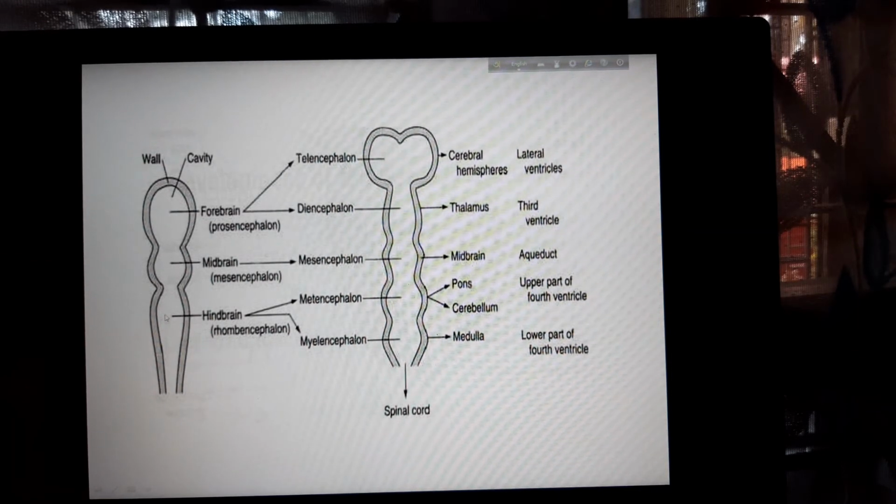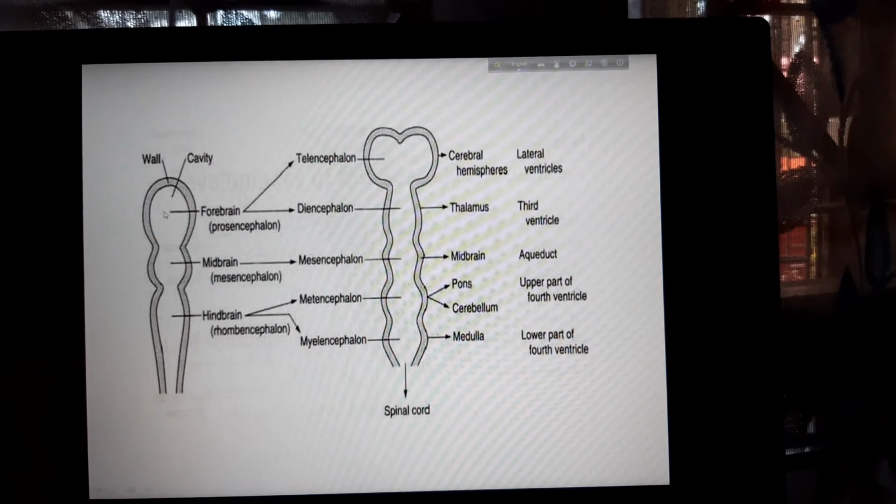Again, this is the rhombencephalon or hindbrain. The rhombencephalon gives rise to the metencephalon and myelencephalon. The metencephalon consists of the pons varolii and cerebellum, and the myelencephalon consists of the medulla oblongata.